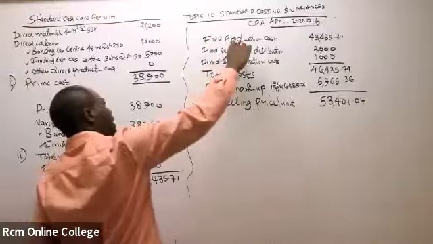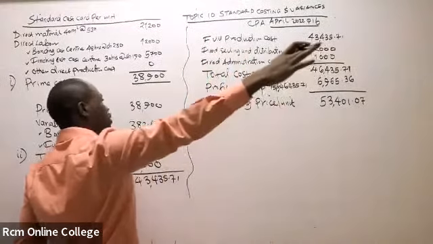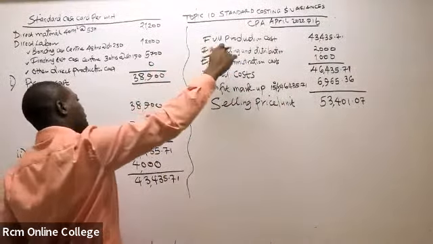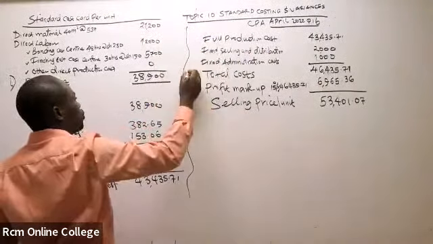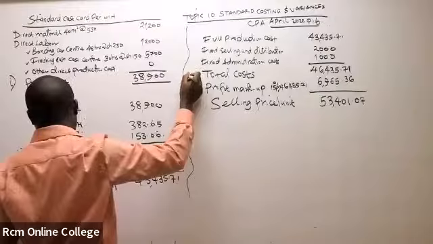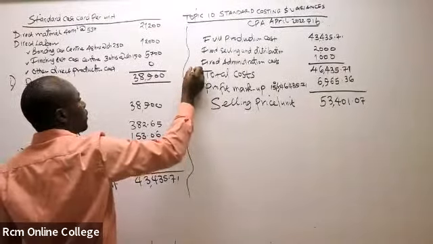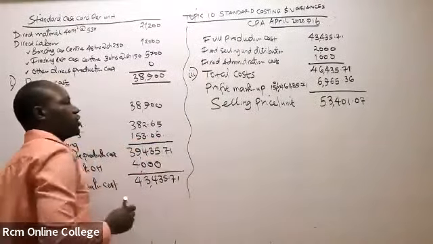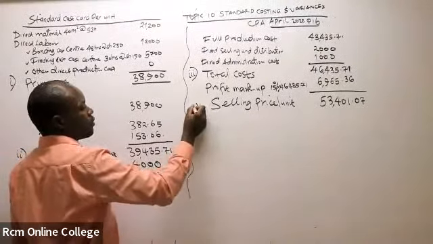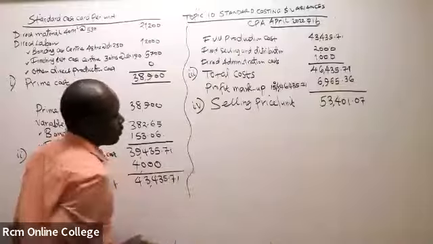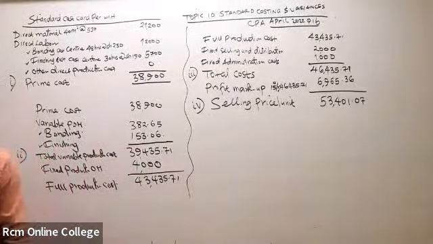That is fixed selling and distribution, which has got nothing to do with production. Fixed administration cost, it has got nothing to do with production, to give us the answer to Roman 3 of our question. Then the last part, we are being told to get selling price per unit. So that's what we are required to do.